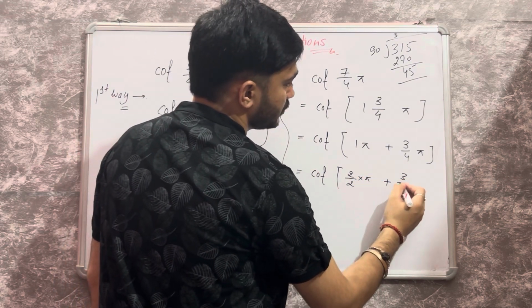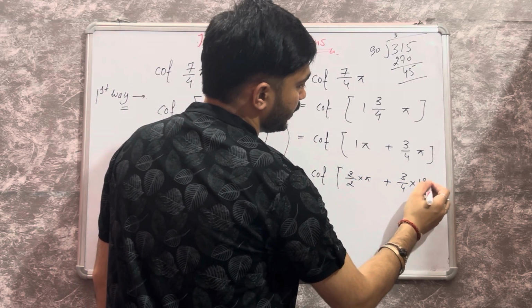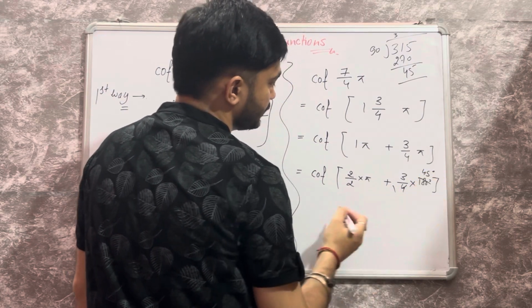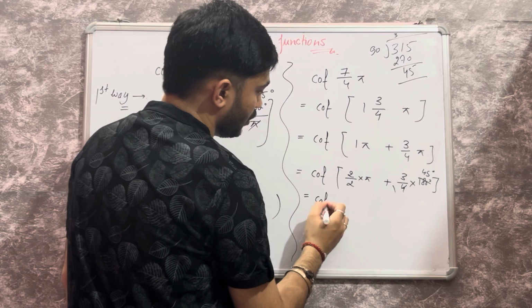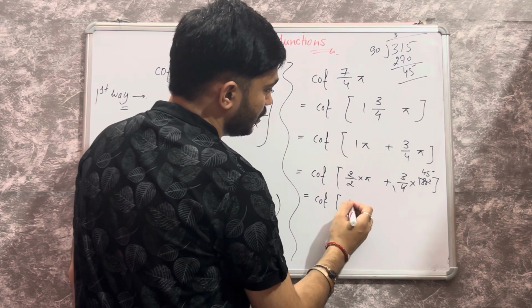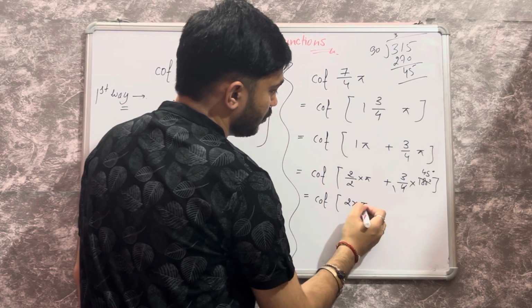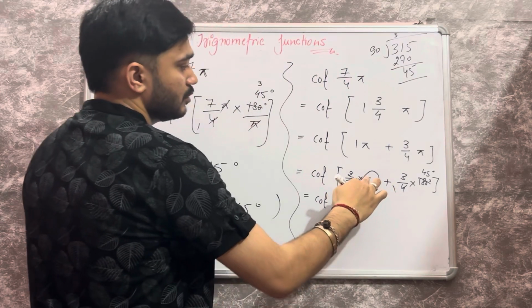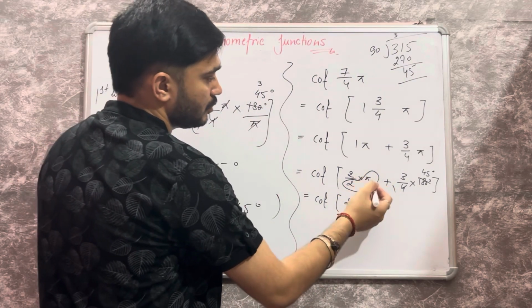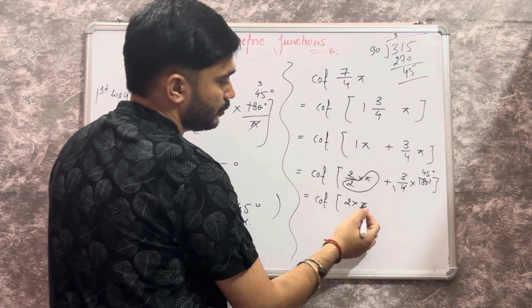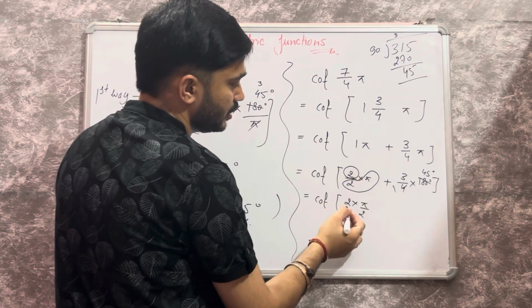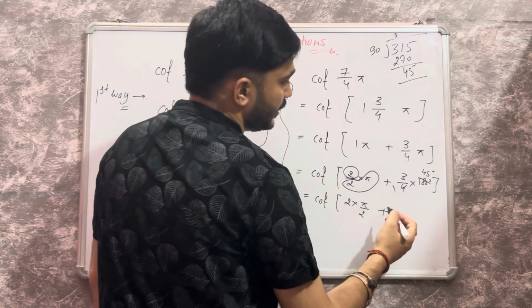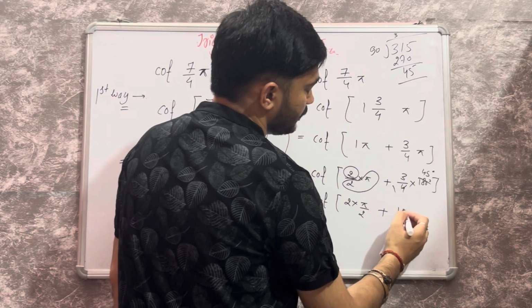Plus solve this: 3 by 4 pi is 135 degrees. It becomes 2 into pi by 2, because we write it as pi by 2 and this 2 appears here, plus 45 into 3 is 135.